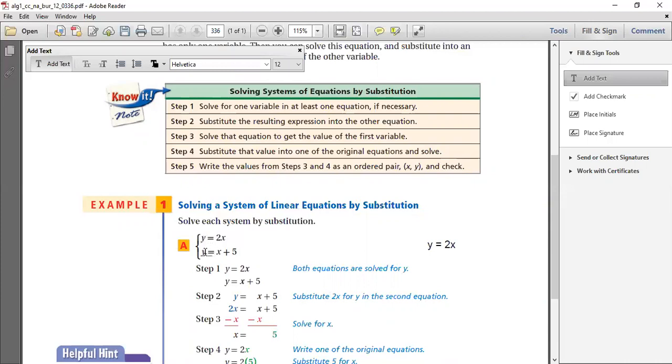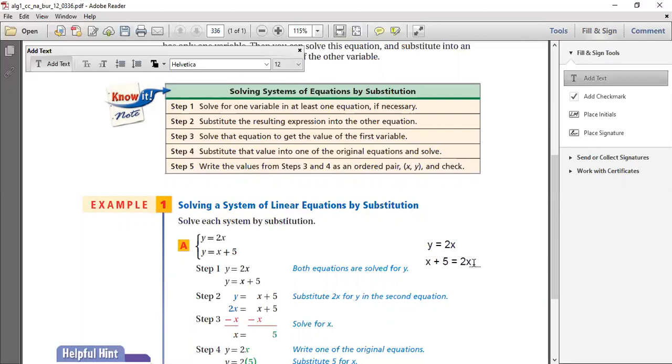Why? Because this is also equal to this and this is also equal to this. So moving one y away, I will write x plus 5 equals 2x. That means instead of this y, I'm substituting the value of the other y in that place. That's all.